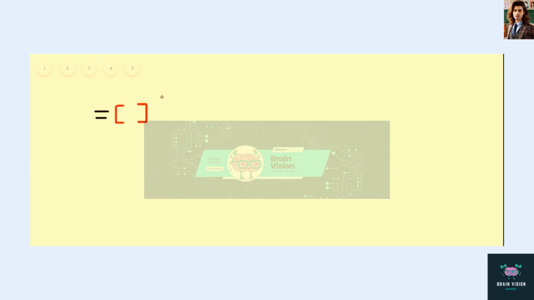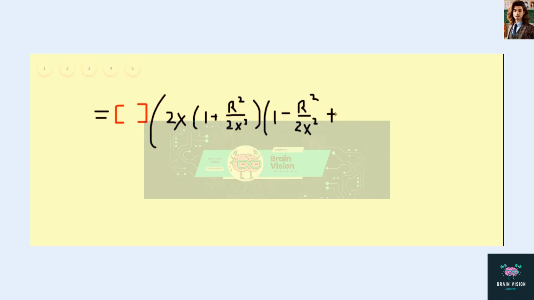And then our Taylor expansion gives us, you have 2x times 1 plus r squared over 2x squared times 1 minus r squared over 2x squared plus 3r to the 4th over 8x to the 4th.